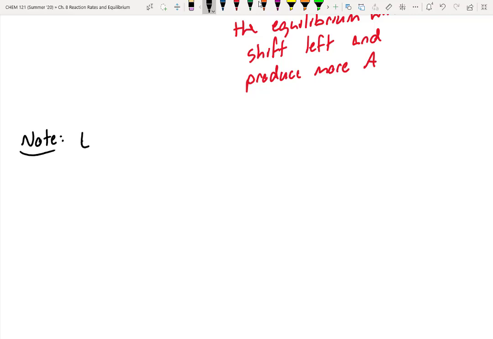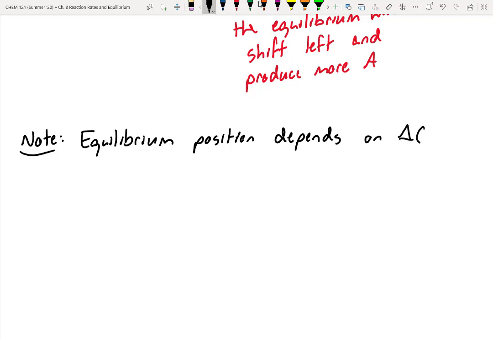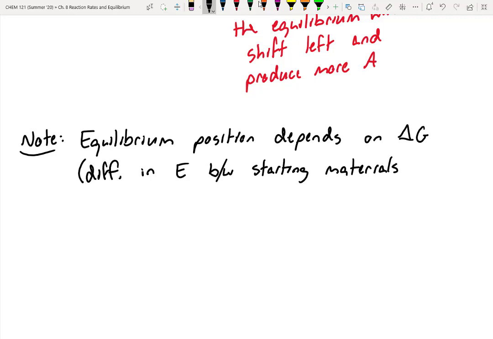All right, I did want to have an important note, that the equilibrium position depends exclusively on delta G. So if you remember back in my first video, delta G is the difference in energy between the starting materials and products, right?